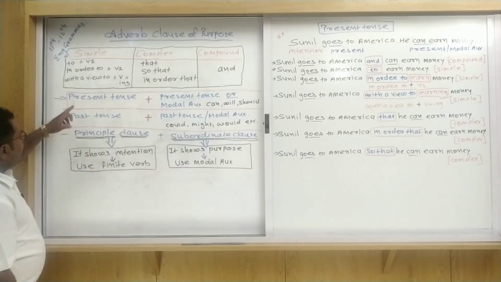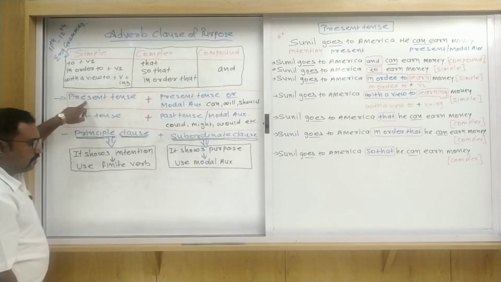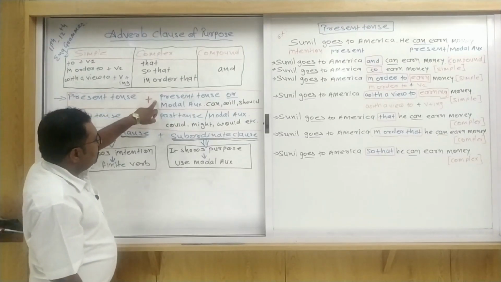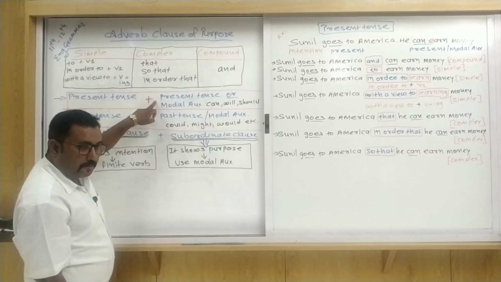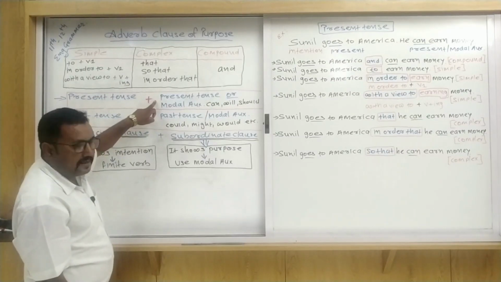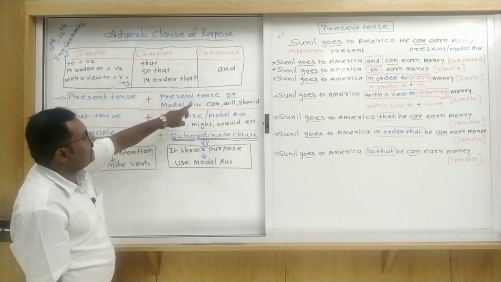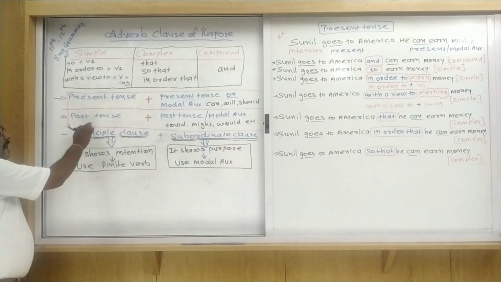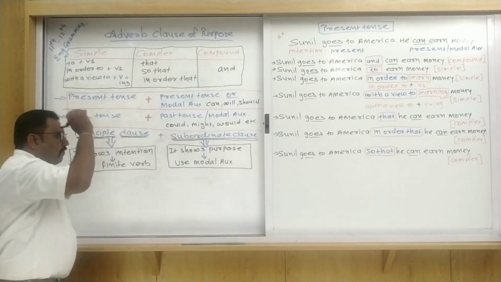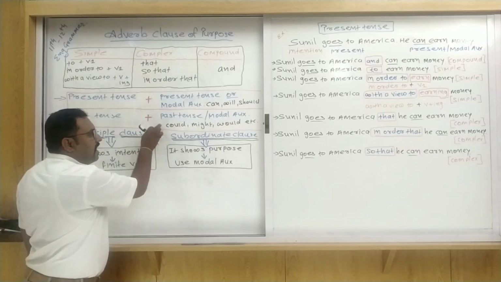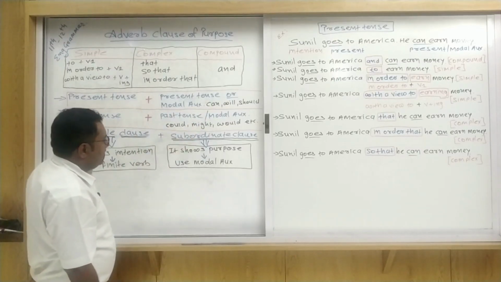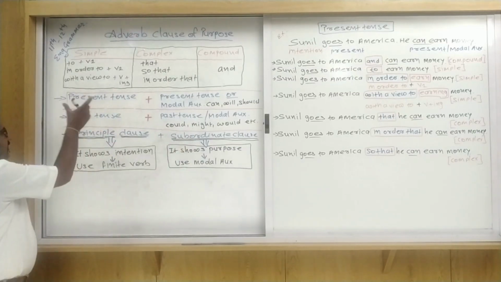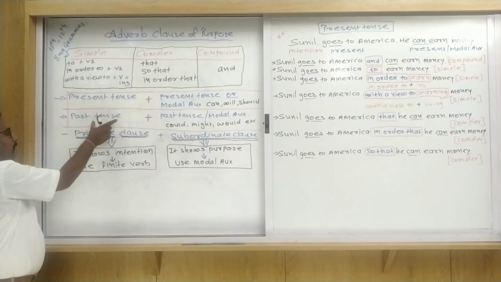First of all, if the principal clause is in present tense, we have to use present tense in the subordinate clause, you can say modal auxiliaries in present tense, that is can, will, should, etc. And suppose the past tense is given here, so we have to use past tense modal auxiliaries, that means could, might, would, etc. So the tense is either present or past.